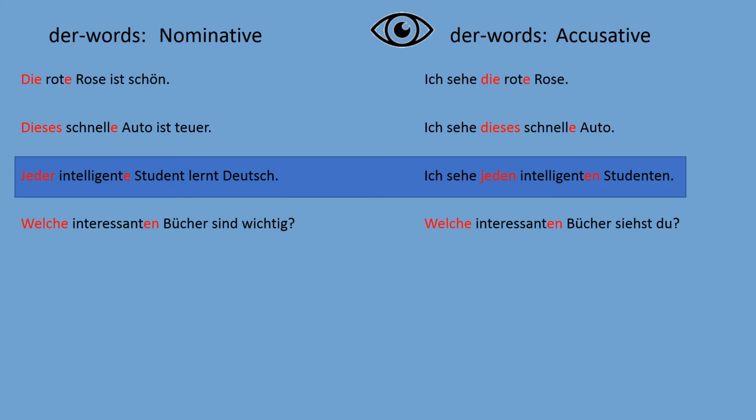So we have to keep in mind that when masculinum nouns are used as objects, in accusative case, we have to change the ending of the adjectives that precede the noun.